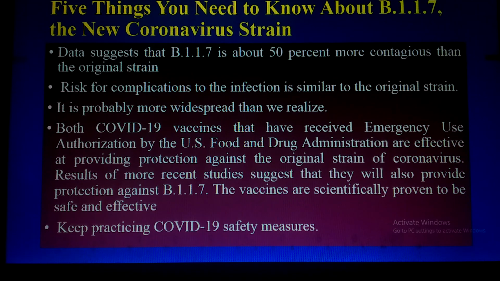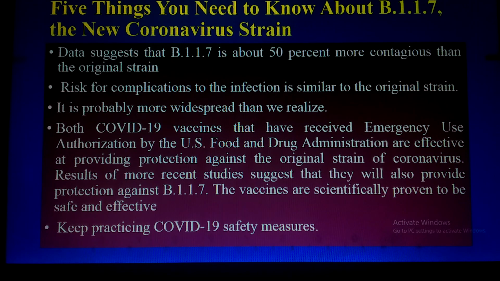Both COVID-19 vaccines that have received emergency use, and I have delivered a lecture about this, the Moderna and the Pfizer messenger RNA vaccines, have received authorization by the US Food and Drug Administration as effective at providing protection against the original strains of the coronavirus.